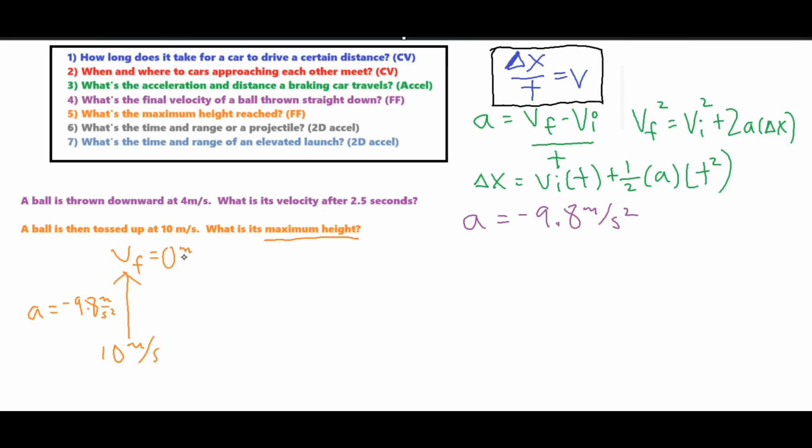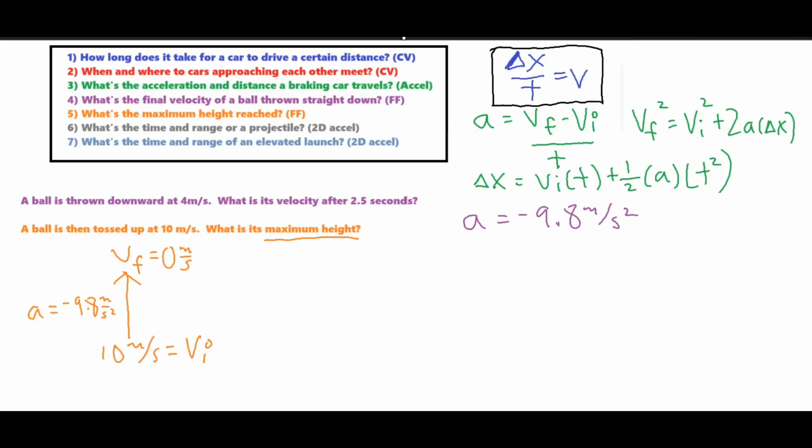If something slows down until it eventually changes direction, it does have to hit 0 meters per second for an instant, which is a non-measurable amount of time, as it goes from positive to negative. Okay, and the VI is this 10 from over here.